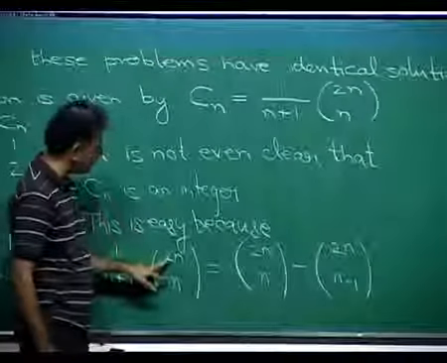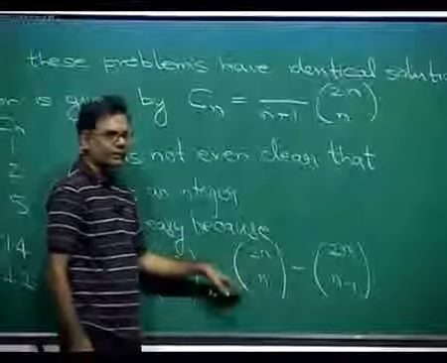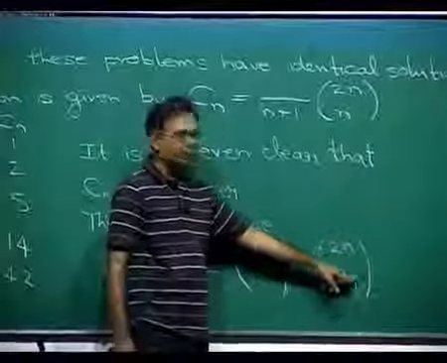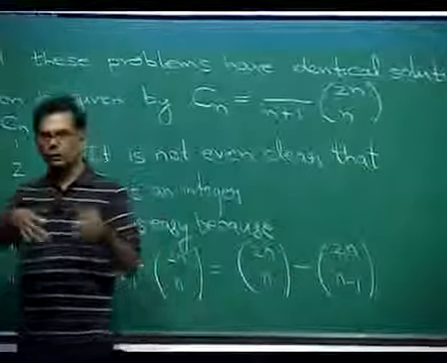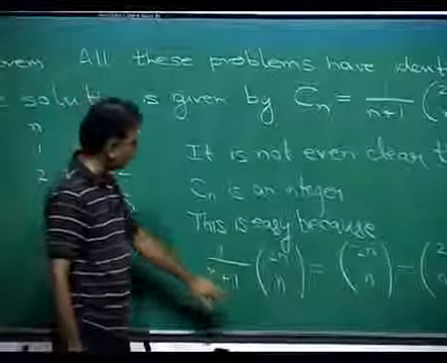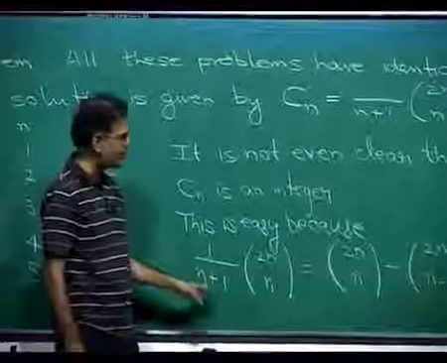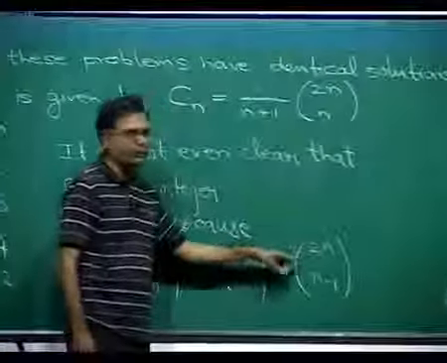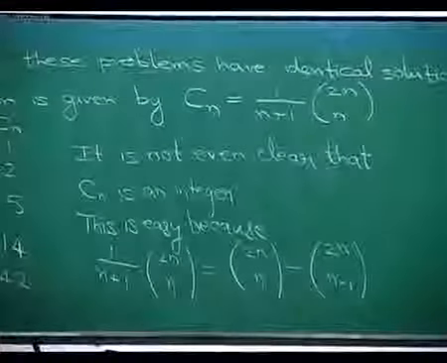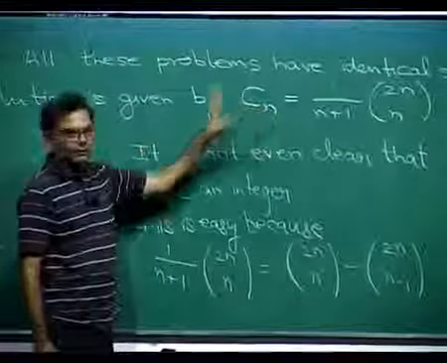If you just use the formula for what n choose k means, 2n choose n is 2n factorial over n factorial squared, and 2n choose n minus 1 is 2n factorial over n minus 1 factorial times n plus 1 factorial. Then pull out common factors, simplify, and you will exactly get this side. This is easy to see, and therefore it shows that this number, which is not clearly an integer at first, since it's the difference of two binomial coefficients, both being integers, is also an integer. Okay, so that's fine. So it's an integer, that's good.